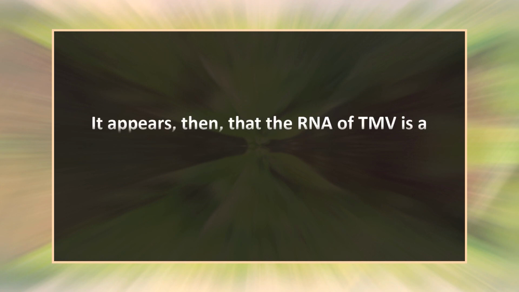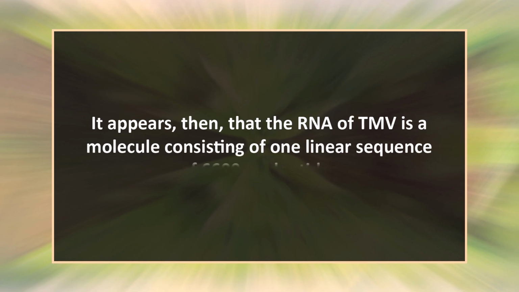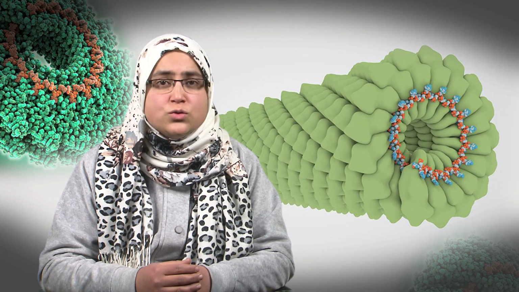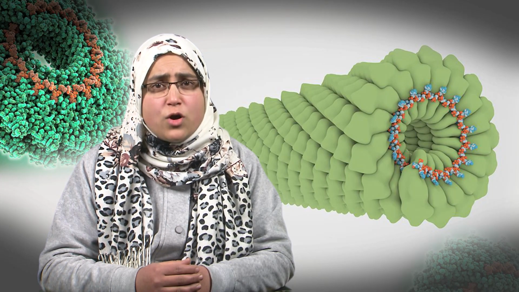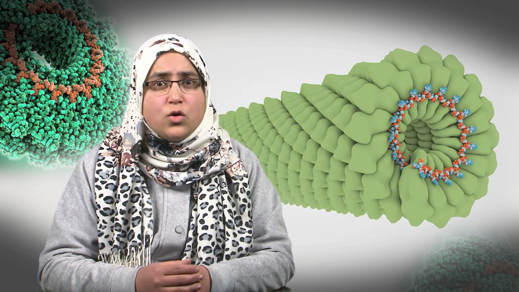It appears then that the RNA of tobacco mosaic virus is a molecule consisting of one linear sequence of 6,600 nucleotides, a number far too great to allow a sequential determination of nucleotide arrangement to be made at this time. Some information about sequence is being gleaned from the products of degradation obtained by specific enzymes.